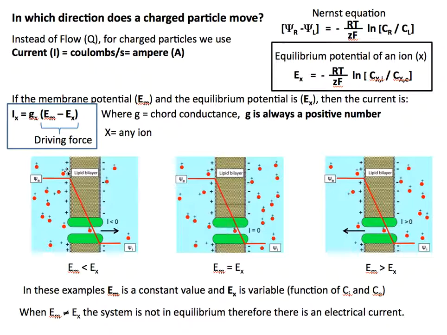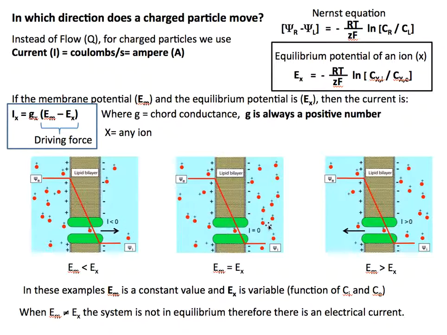A positive ion leaving the cell is a positive current. A positive ion leaving a cell is positive current. So EM here, that's the membrane potential, and EX is the equilibrium potential. And if the membrane potential is less than EX, then you'll have a negative current. And that's because you see a positive ion coming in, and that's what it's showing, that it's a negative current. If they're equal, nothing happens.